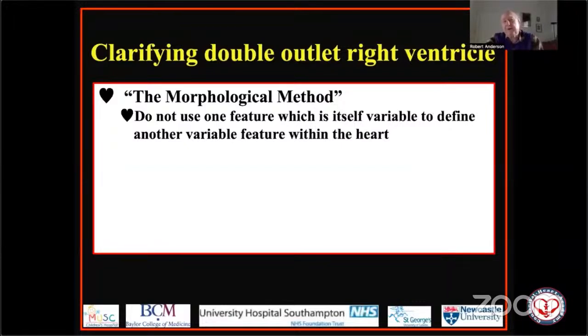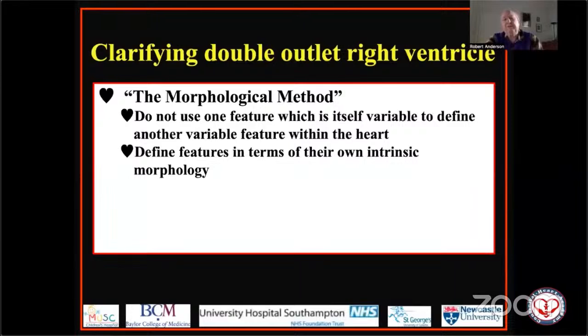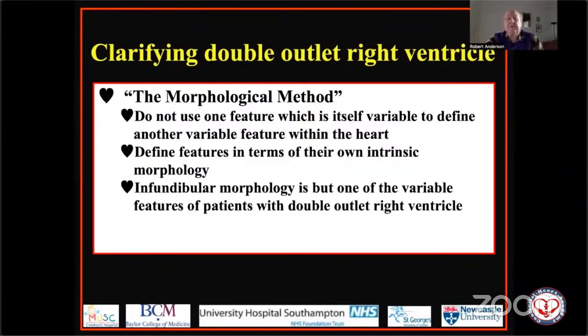It was introduced by my good friend Richard van Praagh, and Richard emphasized we should not use one feature, which is itself variable, to describe another variable feature. Instead, we should describe the various features in their own intrinsic morphology.